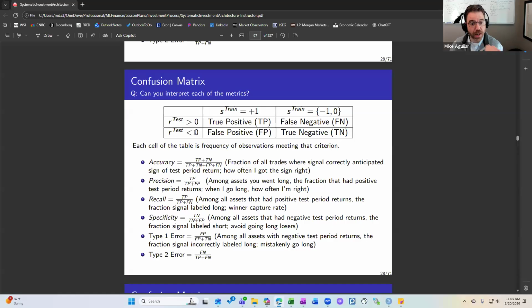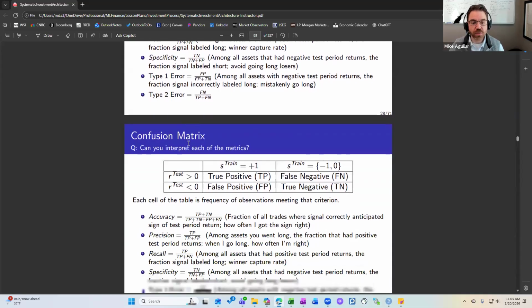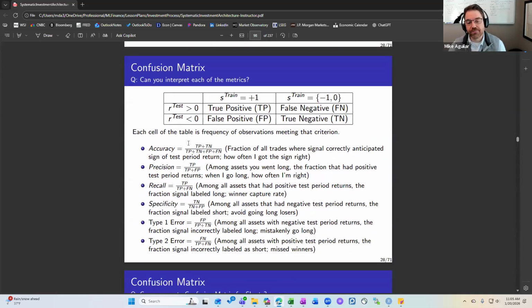Because I'm looking at that bottom row of the false positive and true negatives. Out of all the times when I had negative test period returns, what's the fraction that I incorrectly labeled as long? And the type 2 is a close cousin to that, the missed winners fraction. The false negatives are the ones where I didn't take it, but I should have, as a function of all of the times when I should have taken it.